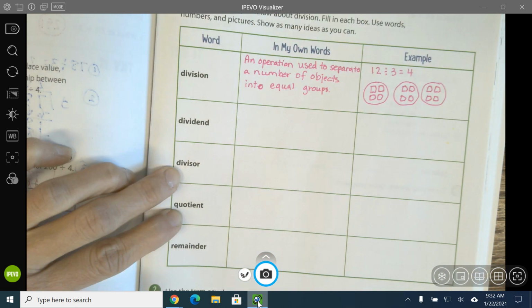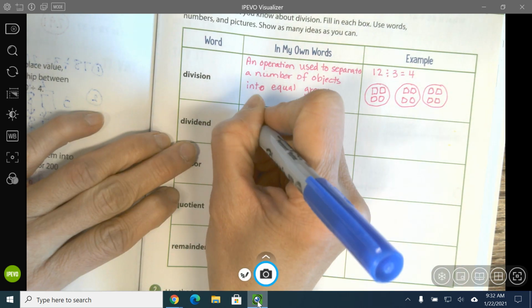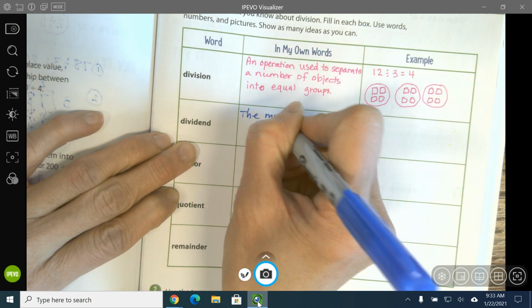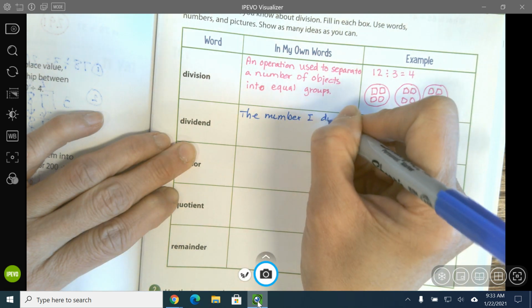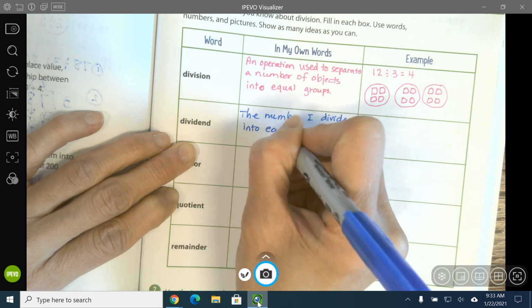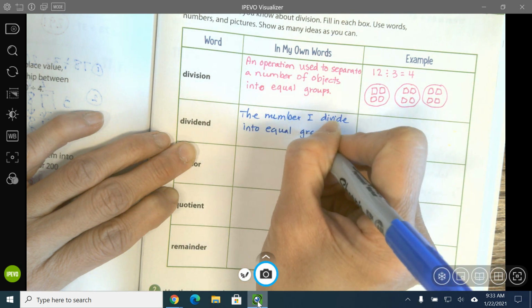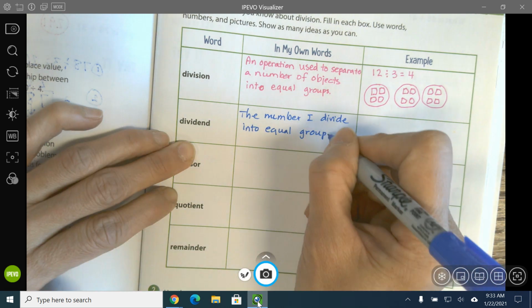Dividend. The number I divide into equal groups.